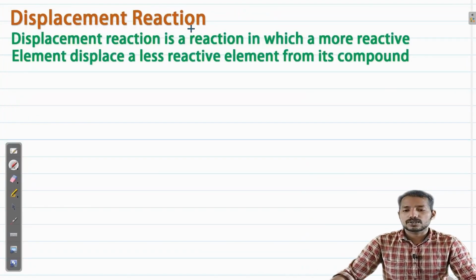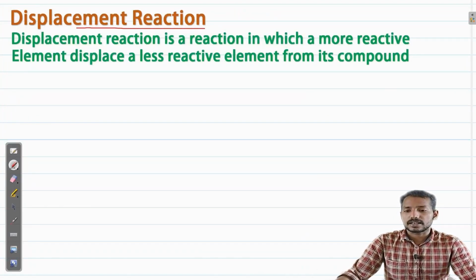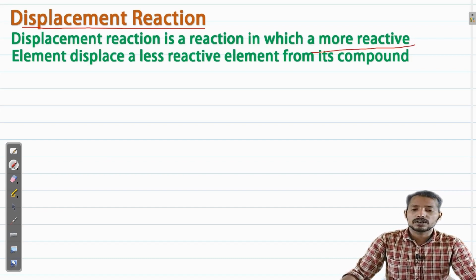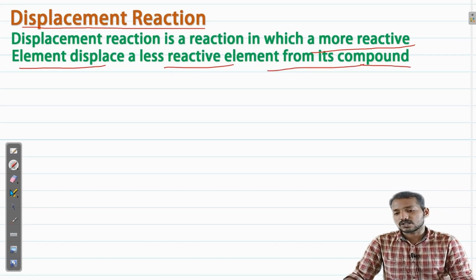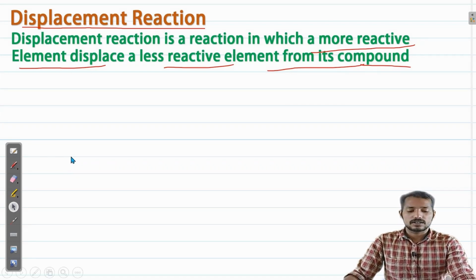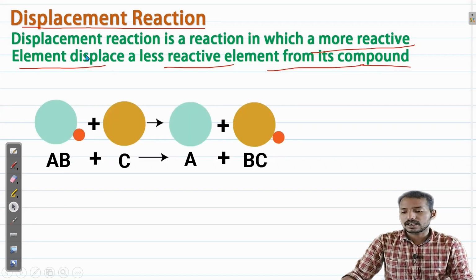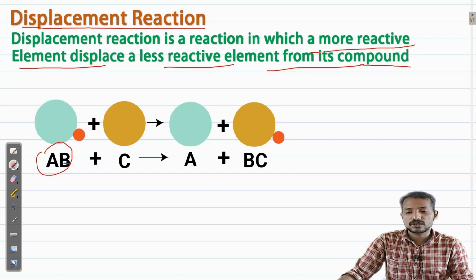Next topic we are going to discuss is displacement reaction. The displacement reaction is a reaction in which a more reactive element displaces a less reactive element from its compound. That is called displacement reaction. We can see here AB is a compound. A is one element and B is another element. So AB is a compound.